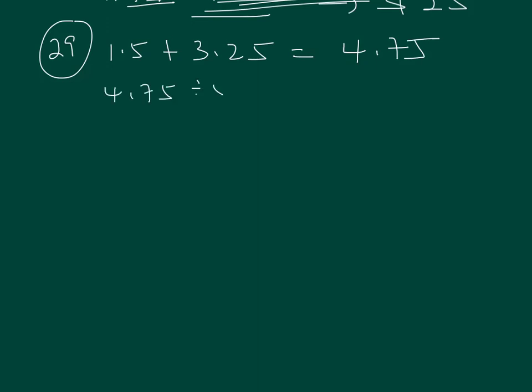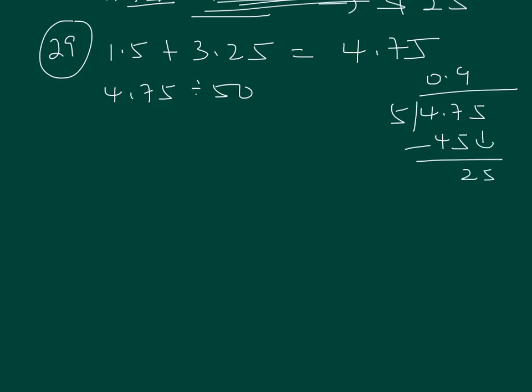4.75, we have to divide it by 50 glasses. So we will have 4.75 divided by 5, which will be 0.9, minus 45, 2, we bring down the 5, which is 5. Not forgetting it is 50, so we bring a 0 in. So this answer will be 0.095 liters.